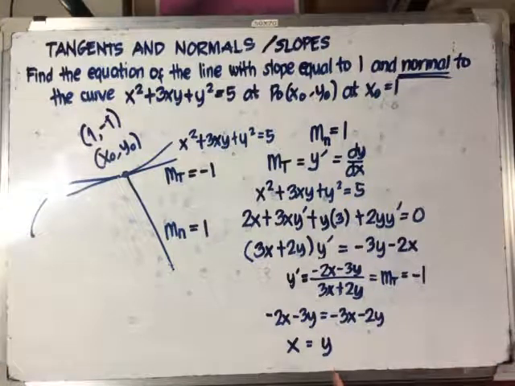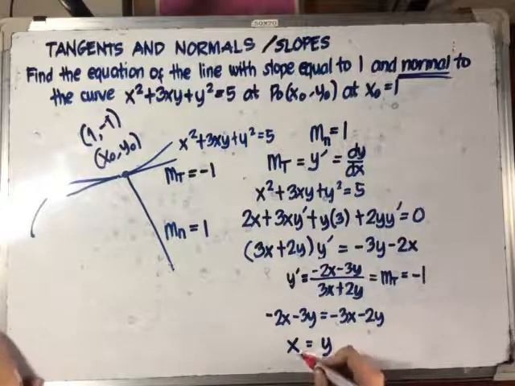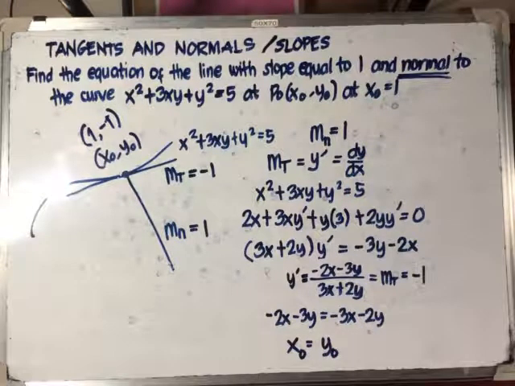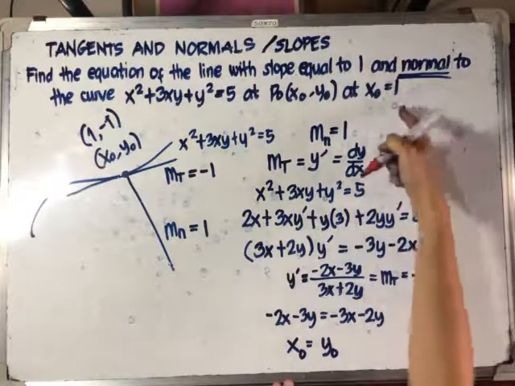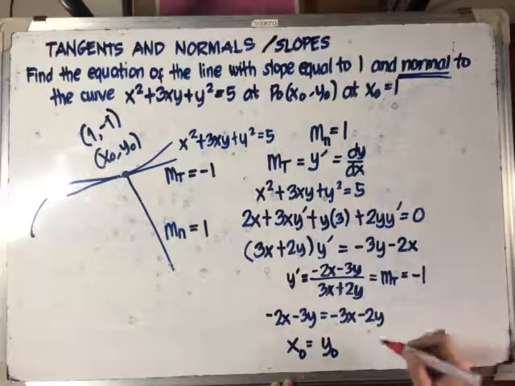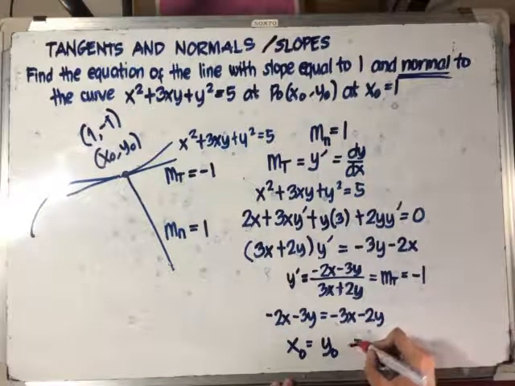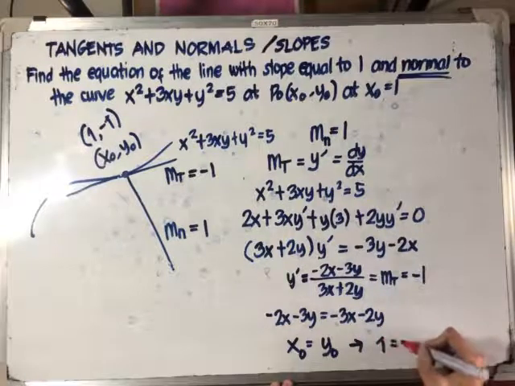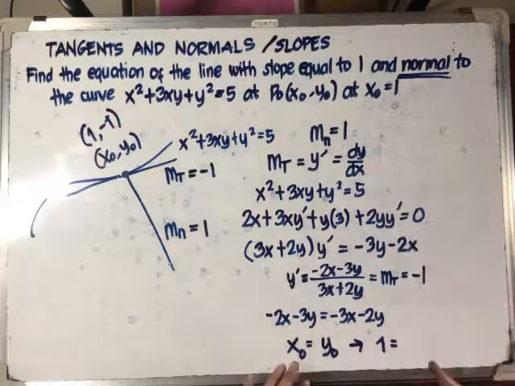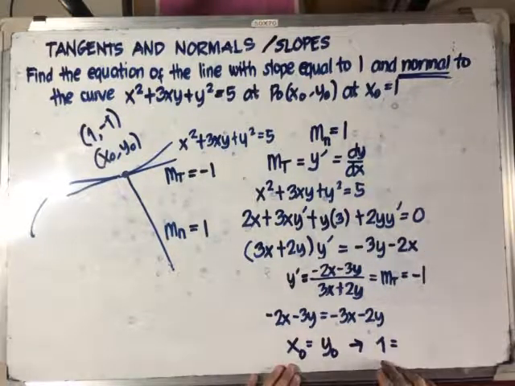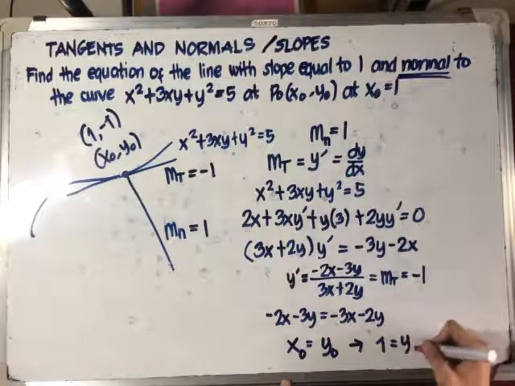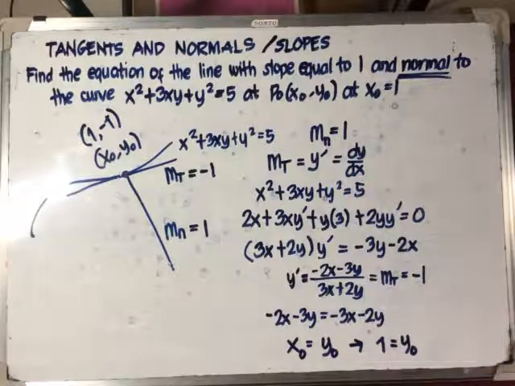From this, we have x sub o equal to y sub o. Since the value of x sub o is given as 1, then if x sub o is equal to y sub o, y sub o is equal to 1 as well.